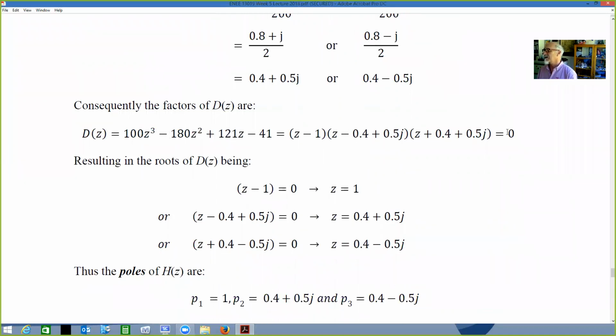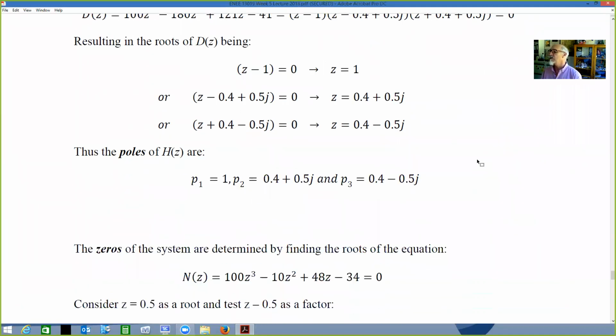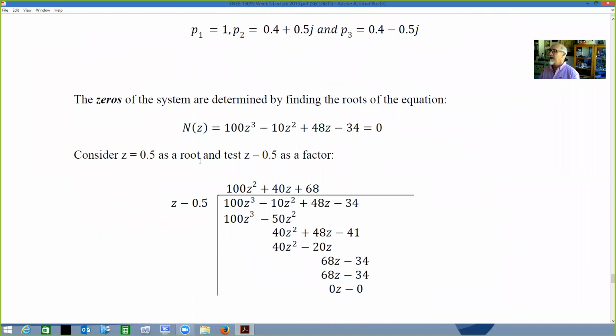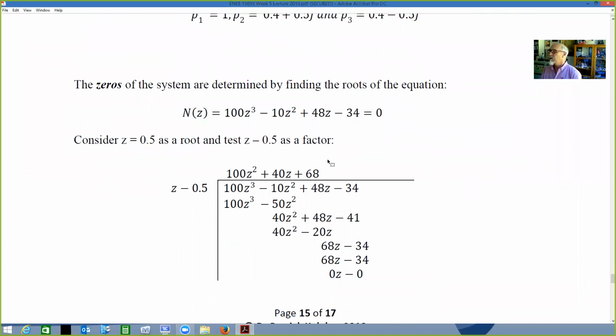So I equate that to 0, if you remember. I'm then able to find the roots of those equations, and the roots of those equations by definition are my poles. Likewise, a similar process to find the zeros. Again, it was a third order equation. I go through, and in luck, it was 0.5, so the root is 0.5 and the factor is z minus 0.5.